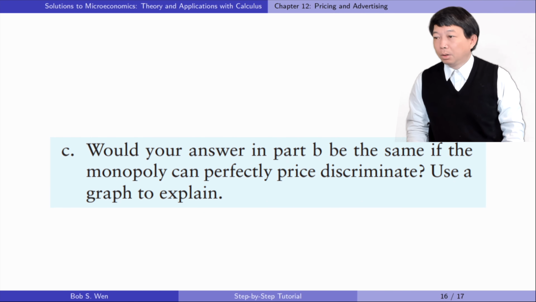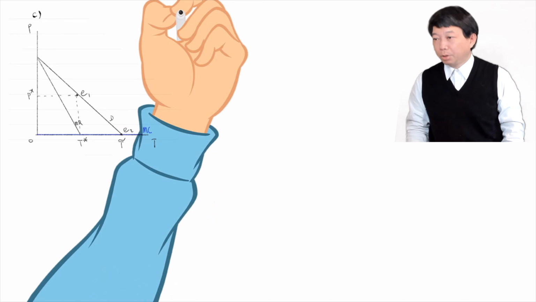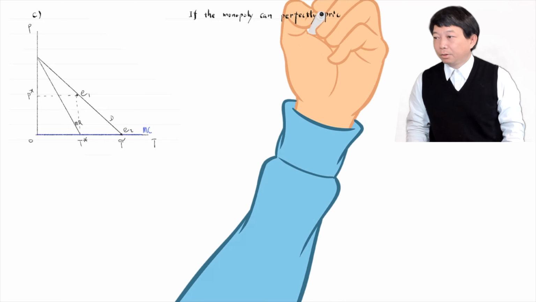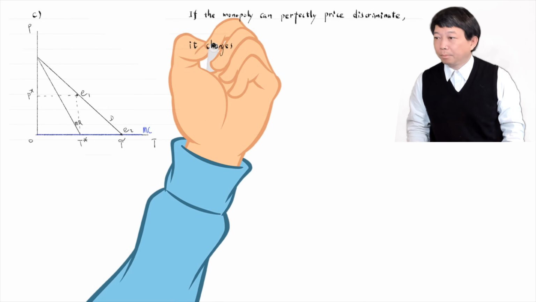In Part C, would your answer in Part B be the same if the monopoly can perfectly price discriminate? Use a graph to explain. As the graph shows, if the monopoly can perfectly price discriminate, it charges the reservation price for each ticket.